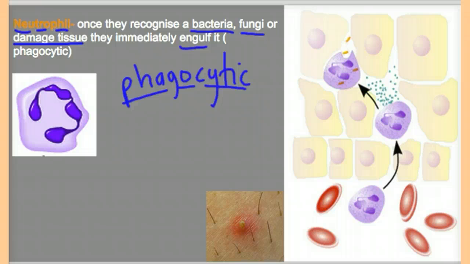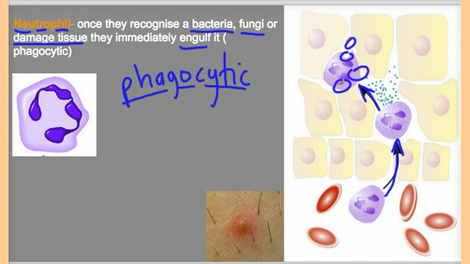Here is a better example, the diagram that you're looking at. As you can see, here we have some bacteria, these orange things, trying to get into our body. Our white blood cell will move through the blood vessels, through the lymph, and it will go and engulf those bacteria.